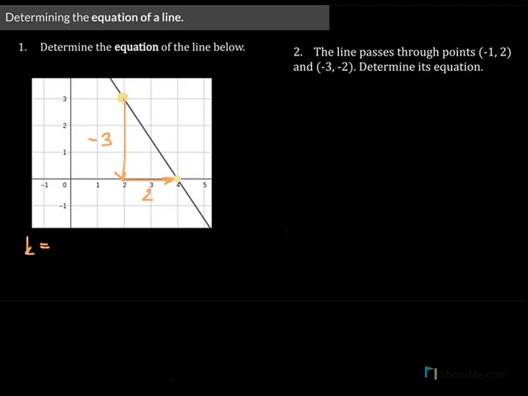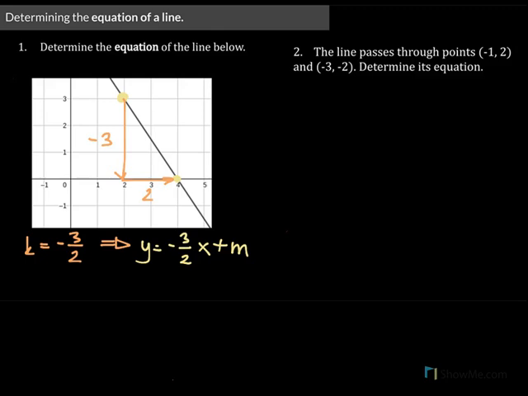So the slope of this line is -3/2, which means my line will have the equation y is equal to -3/2 x plus m.